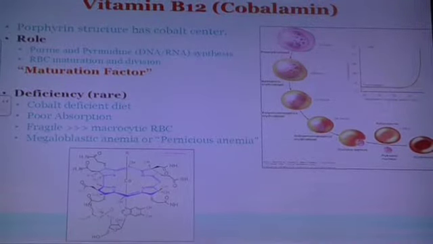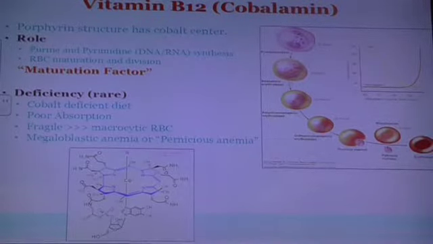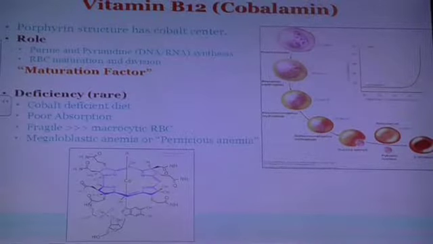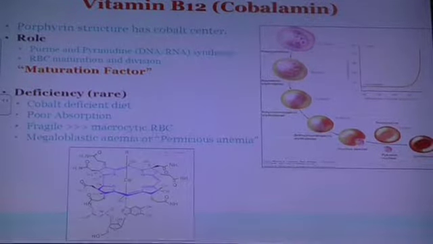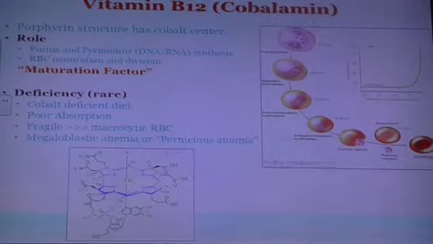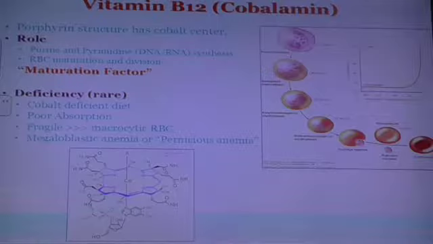Cobalamin is a cofactor for the reactions that synthesize purines and pyrimidines, and we know purines and pyrimidines are the bases for RNA and DNA. So it is a key factor to help cells divide and mature. We can call vitamin B12 a maturation factor.